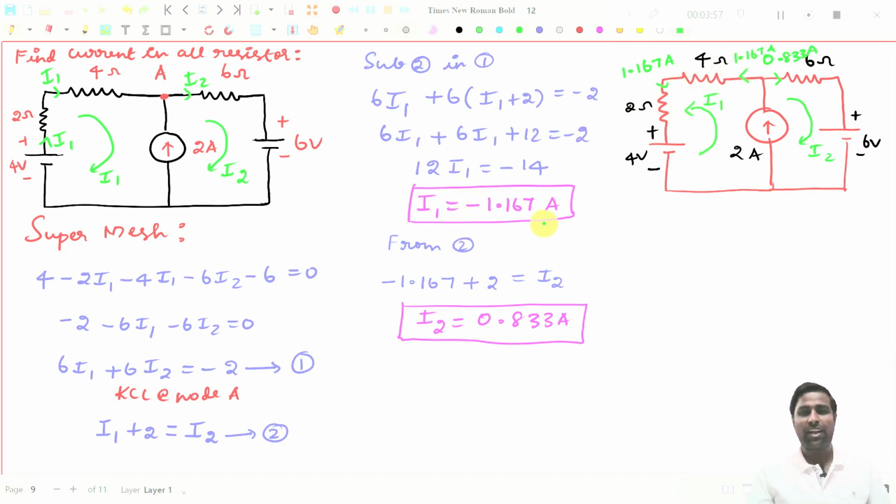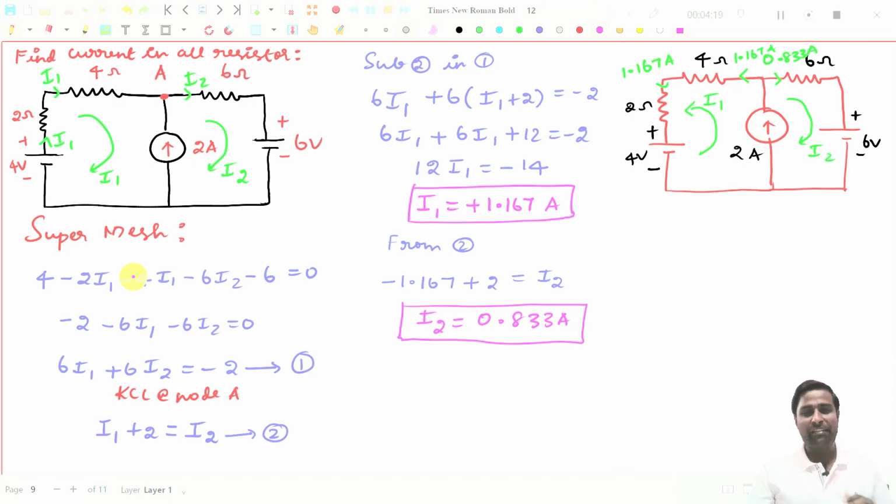So that will have only I1, and the 6 ohms resistor is connected only in loop 2, so it will get only I2. So I have written it directly. If you reverse the current direction, what you have to do? You have to put plus, directly plus, right? So this is one of the procedures to solve super mesh problems, right?